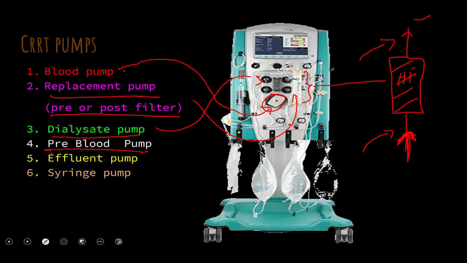The pre-blood pump is mostly used for any anticoagulation that is given as the blood runs through the device to avoid any blood clots. Number 5, we have the effluent pump, which is your bottom left corner of the CRRT device.